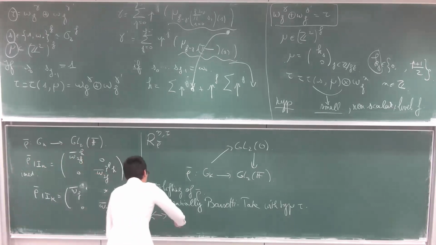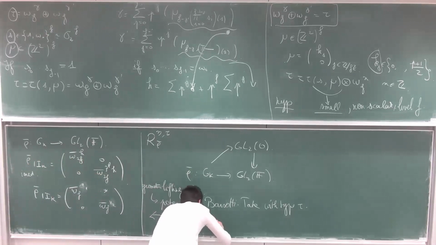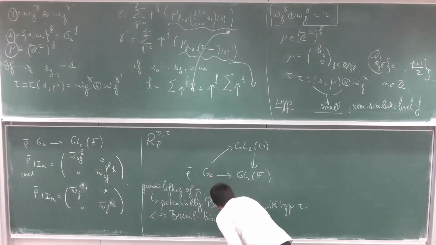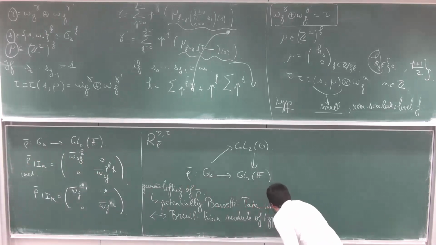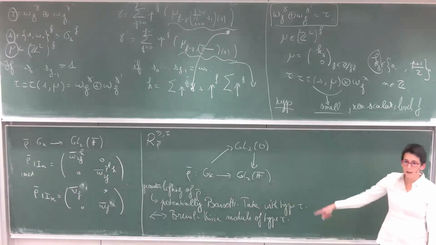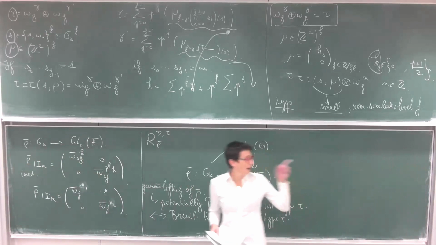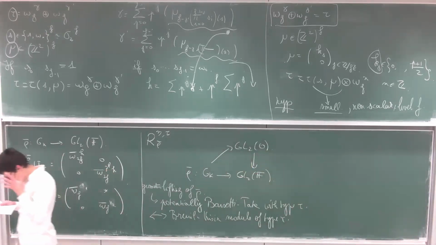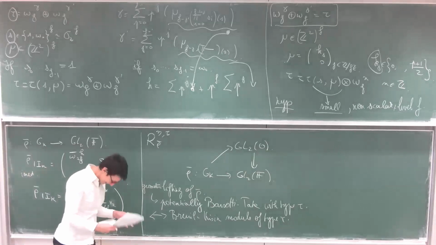So this is the same as a Breuil-Kisin module of type 2. I will not define right now what is this object, but I have enough time. I will define it in 20 or 30 minutes. Okay, so just wait a little bit.